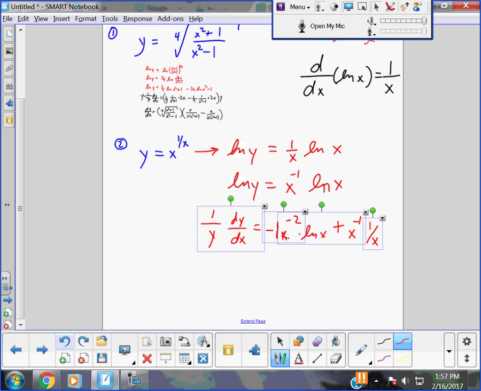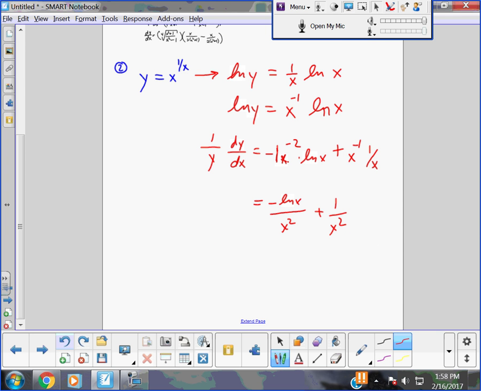So now, this requires some cleanup. I see this other side, before I even think too much about it, I get negative ln x over x squared, do you guys agree? Plus 1 over x squared. Oh, this is going to be a little pretty, right? So I see a common denominator by chance.